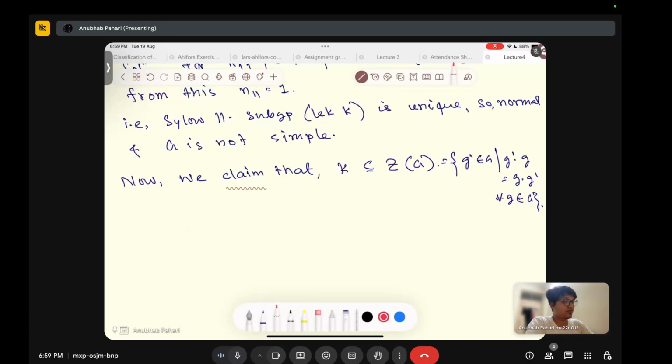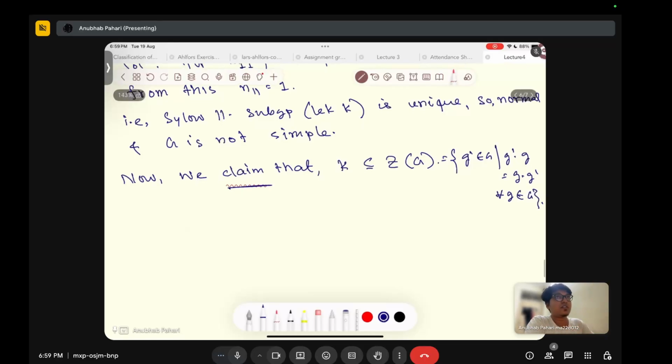This is not true yet. Now we will prove this by contradiction.